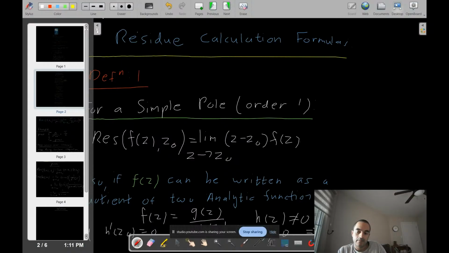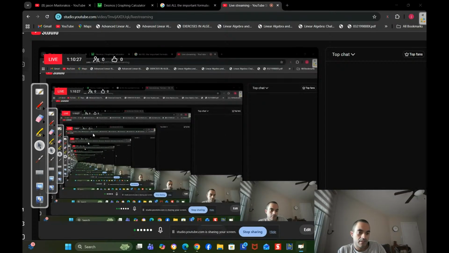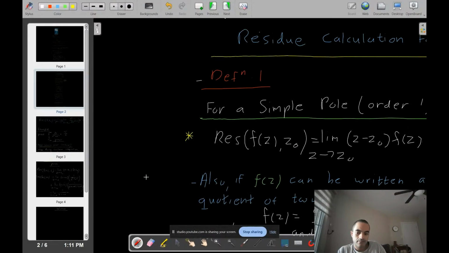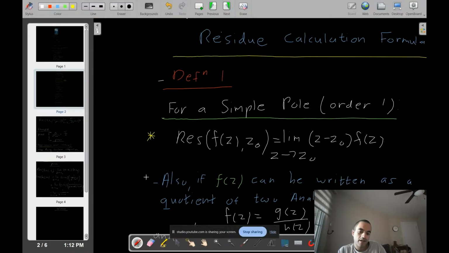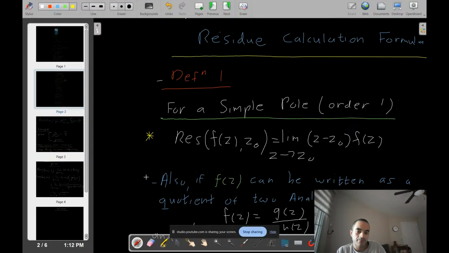Is there any misunderstanding of this? Think of what I have at the bottom of the equation there for definition 1 of residue calculations as some sort of a constraint. Actually, no, I won't say constraint. It's an added condition.